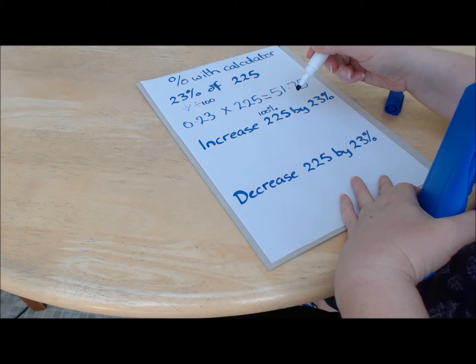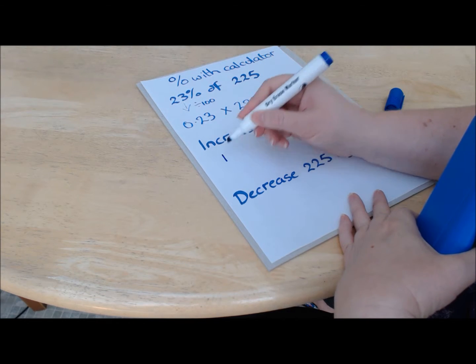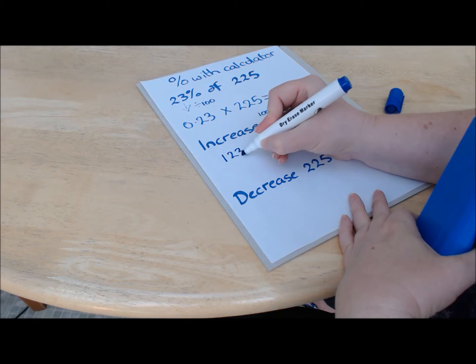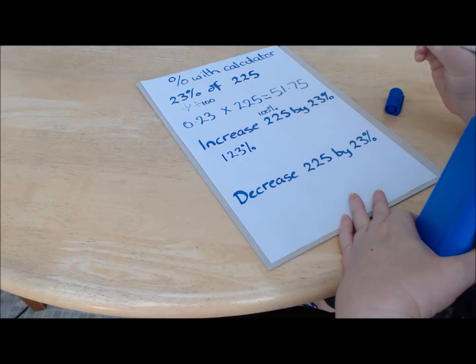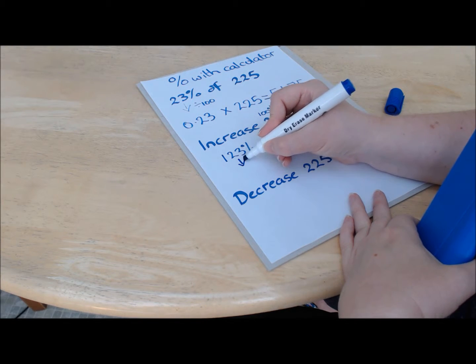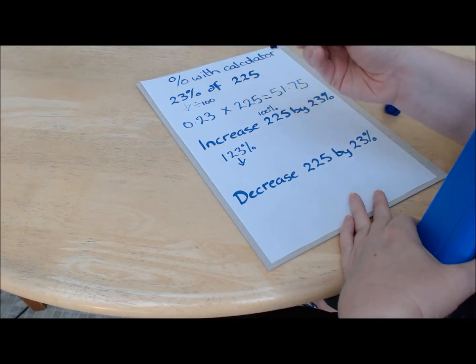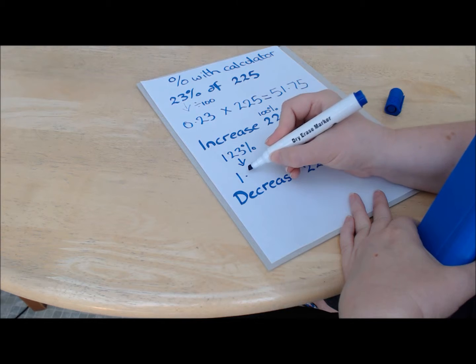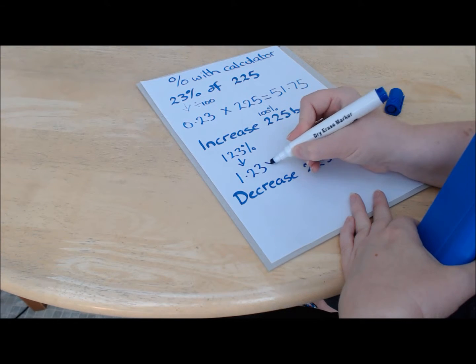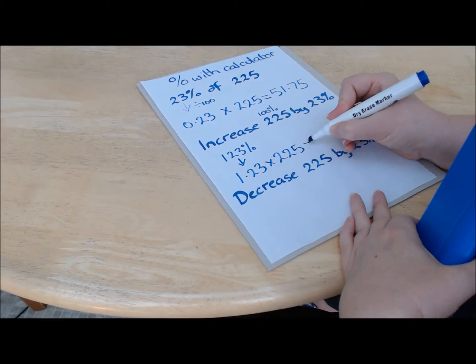So if we increase its value by 23%, we will then have 123% as our answer. But obviously we want the numerical answer, so again we turn this into its decimal form. We divide by 100, which gives us 1.23. We multiply the 225 by the 1.23.